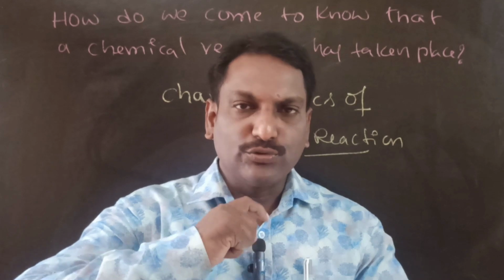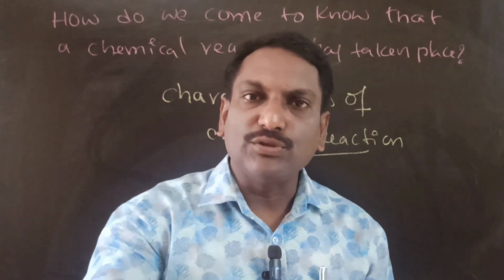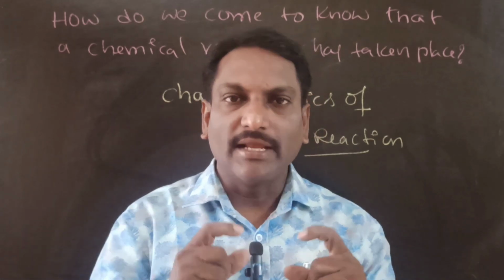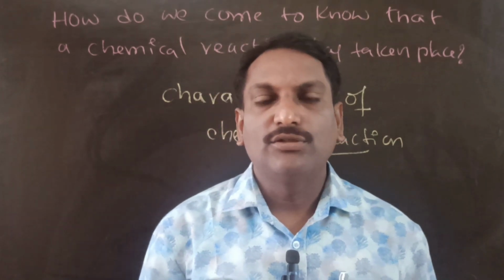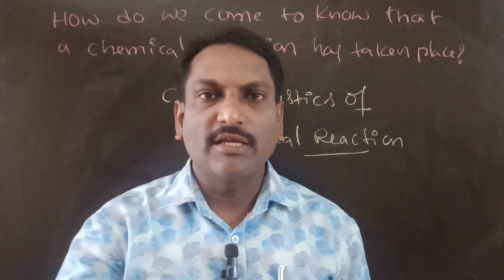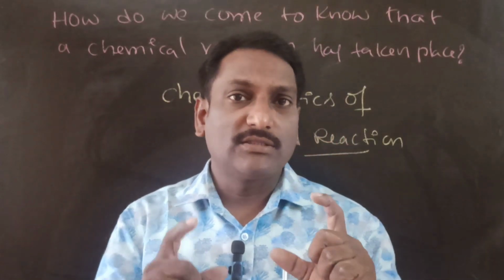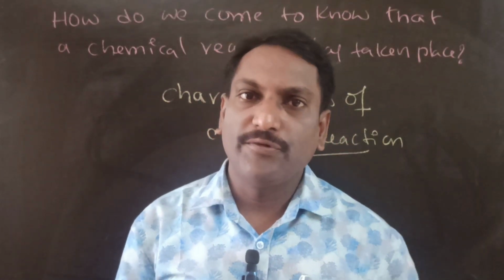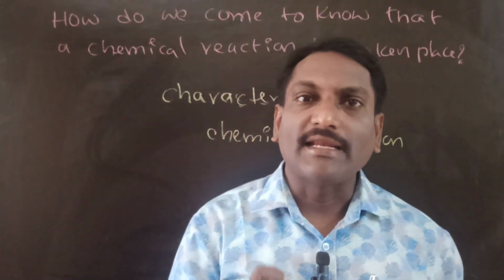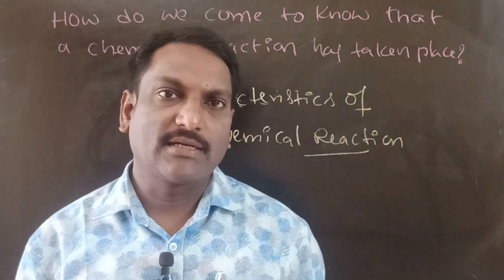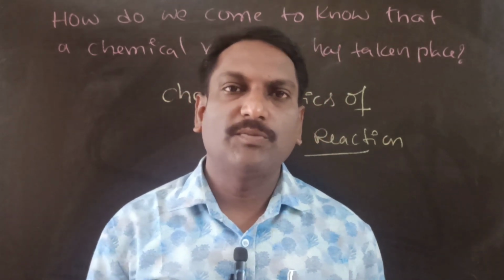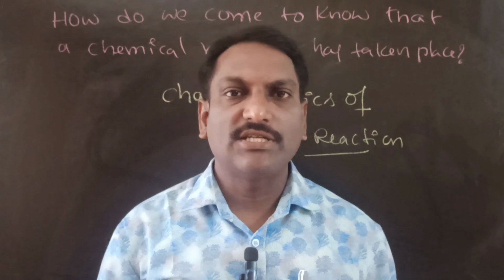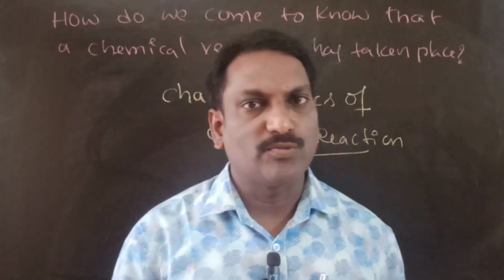These are called characteristics of chemical reactions. That means during the conversion of reactants into products, the reactions are accompanied by some observable features. You must have seen that during a chemical reaction there are some observable features. These features are called characteristics of chemical reactions, like evolution of gas, change in color, formation of precipitate, change in state, change in temperature as well.